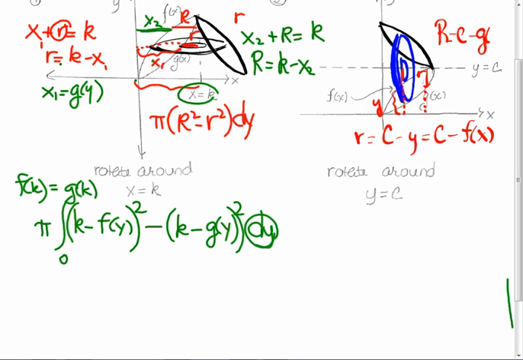You have to look at the geometry. Sometimes we added the constant in there. If you remember the problems we did like that, I just don't know. So it's going to be pi, big radius squared, that's this one. So it's c minus g of x squared minus little radius squared, c minus f of x squared, and the differential is dx.